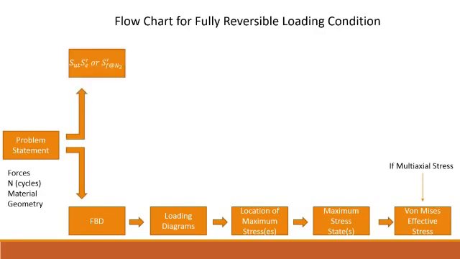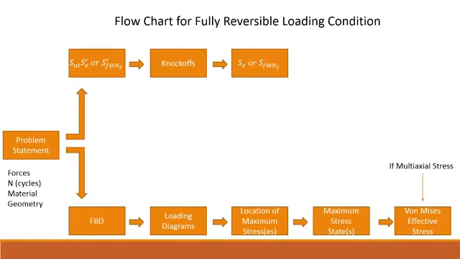We also can take our given data about the materials. So the ultimate strength, fatigue limit, the endurance limit of our part, and we can find all of our knockdown factors. We can calculate a modified endurance limit, and we can calculate Sm for 1,000 cycles, and from that we can get the number of cycles that we expect.